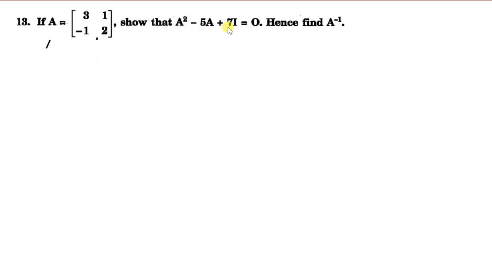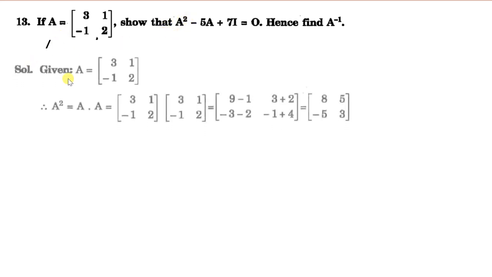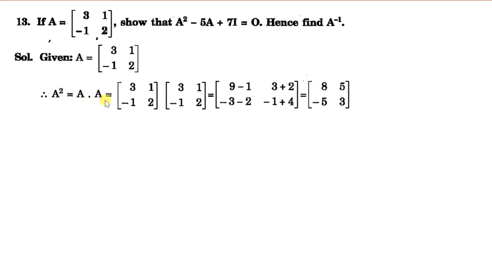In this relationship we need A square, so we will first find A square. Then A square is A multiplied by A, so multiply them: first row, first column, then 9 minus 1 is the first element. For the second element, located at A12, use first row, second column. So 3 multiplied by 1 plus 1 multiplied by 2, that is 3 plus 2, 5.